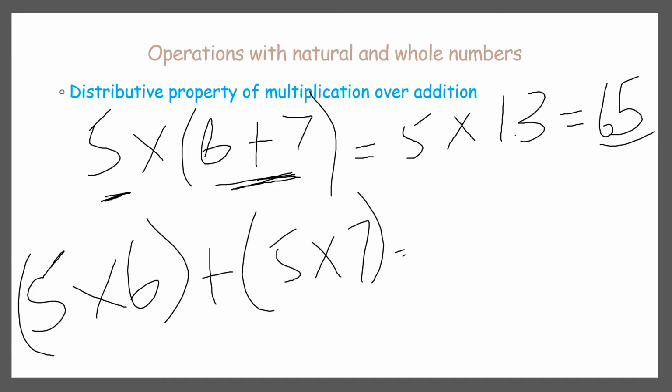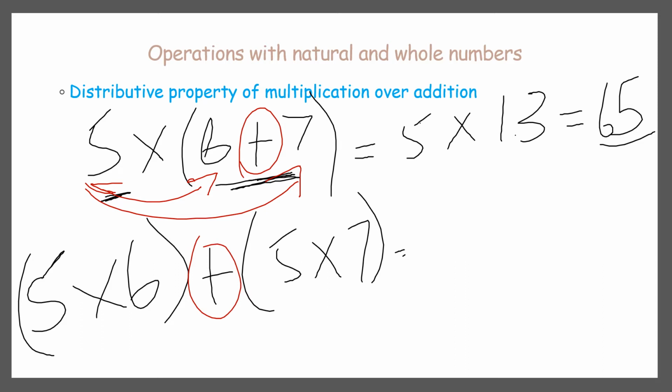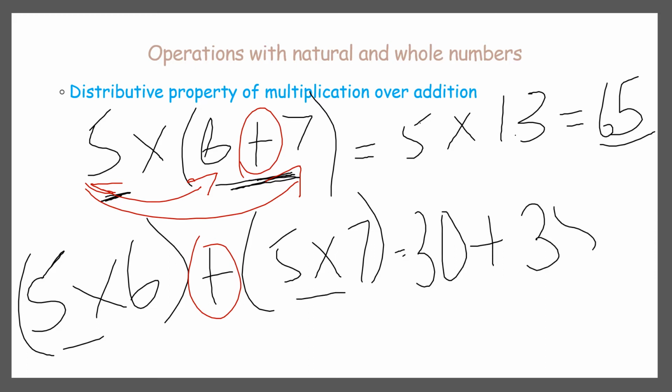Let's see the result. 5 multiplied by 6 is 30 and 5 multiplied by 7 is 35. So the answer is the same.